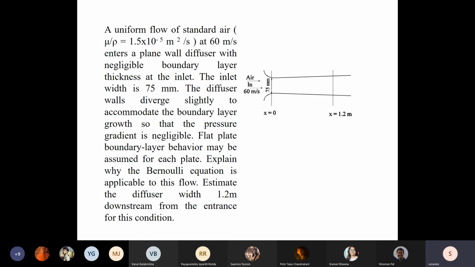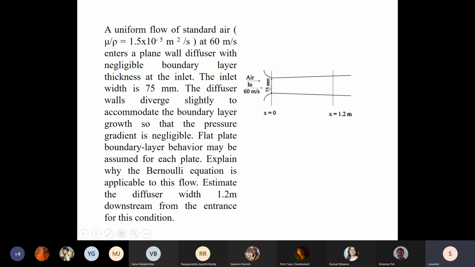So one can write that the Bernoulli's equation is applicable to this flow. Obviously, at the core, at this streamline, it's steady, incompressible flow, and there are no frictional effects applicable in this case. The frictional effects are obviously confined in the thin boundary layer.